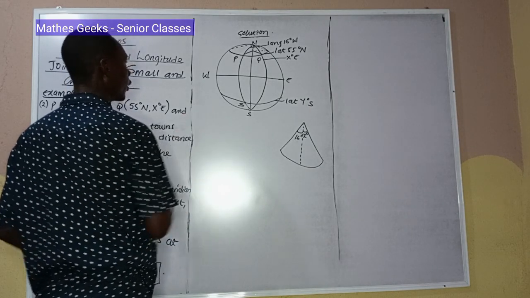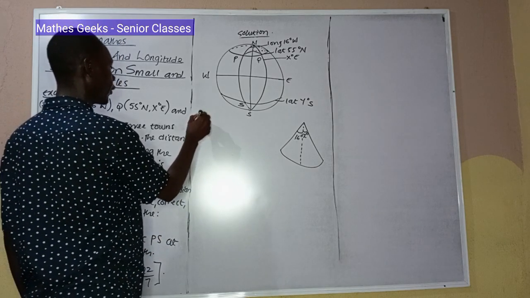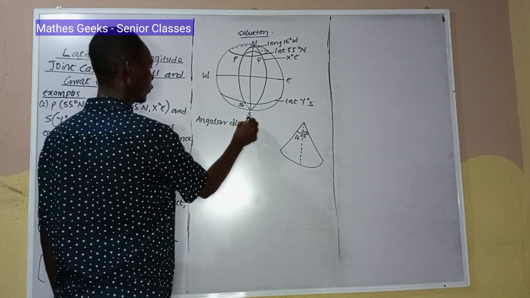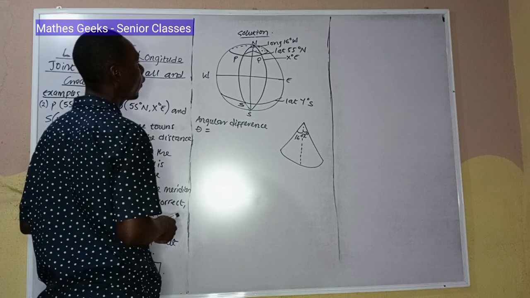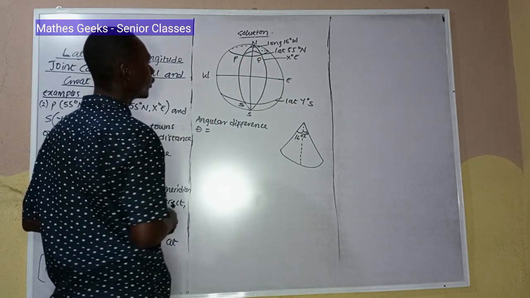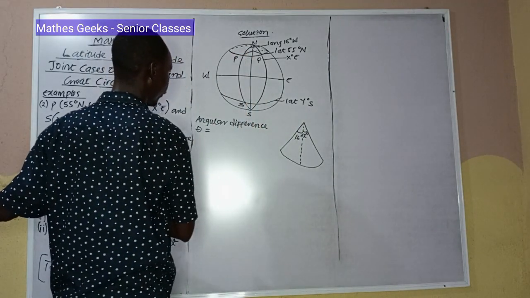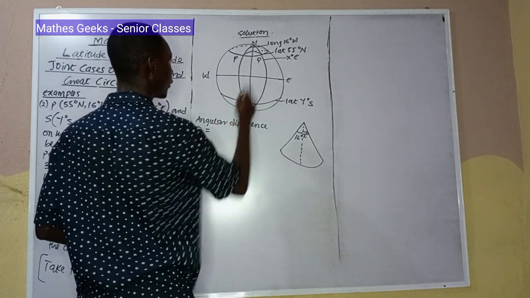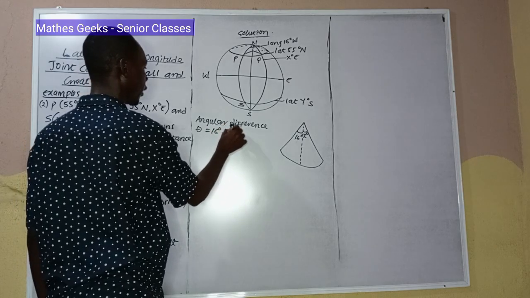Take note that the angular difference, theta, will be the difference in longitude. Now both P and Q are on different sides of the globe. P is on the west, Q is on the east. So we're going to add the angular differences: 16 degrees plus x degrees. So theta is equal to 16 degrees plus x degrees.